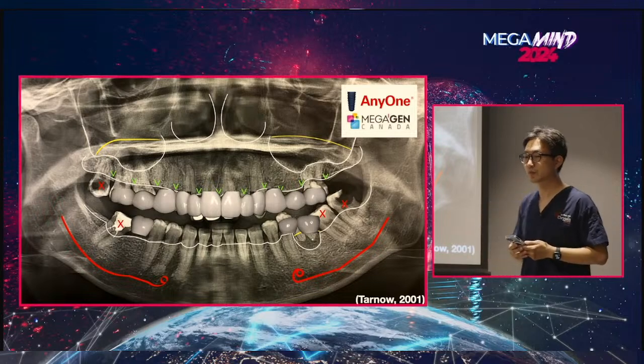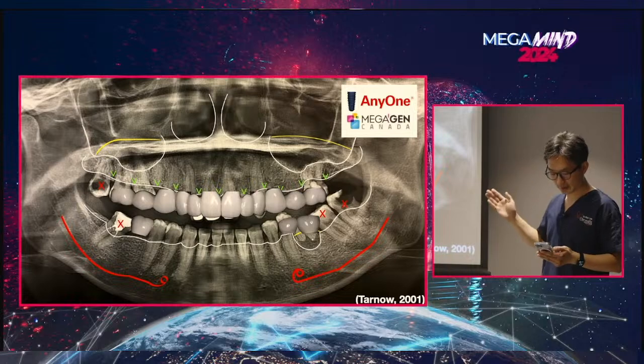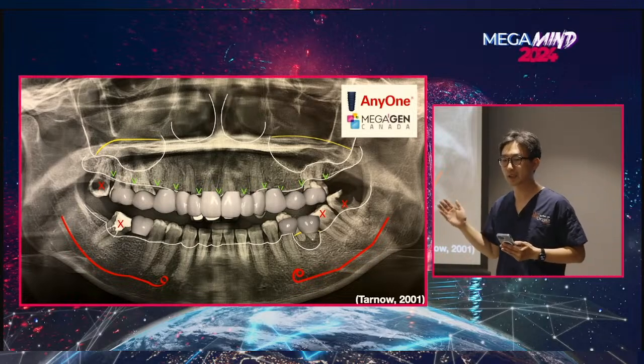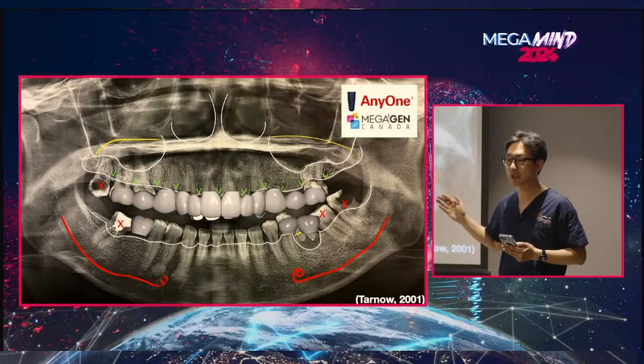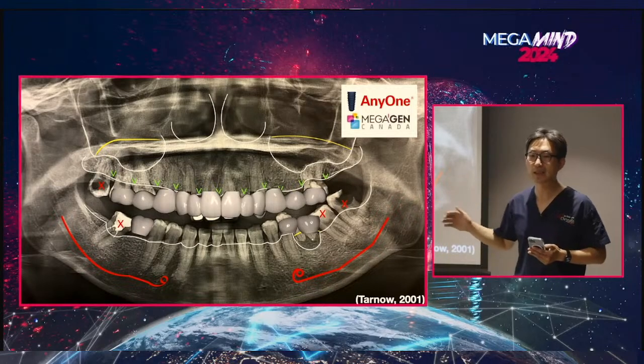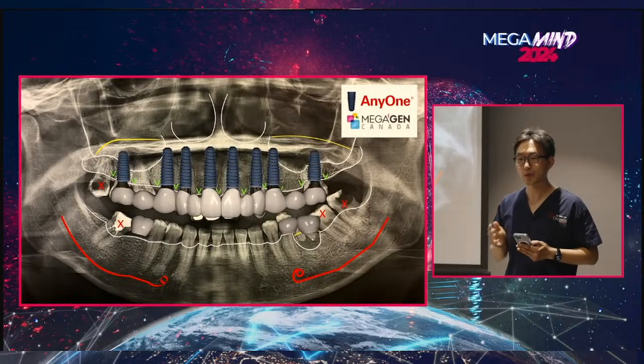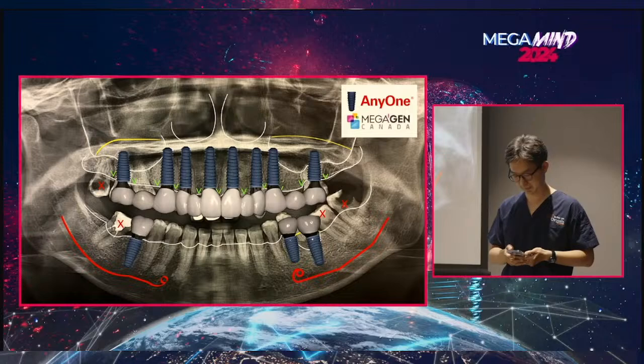And because we're doing 4 3-unit segmented bridges on the maxilla, that means in the maxilla we're placing not 4 implants, not 6 implants, but 8 implants, and 3 implants in the mandible.